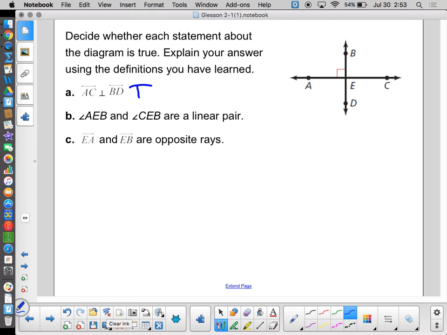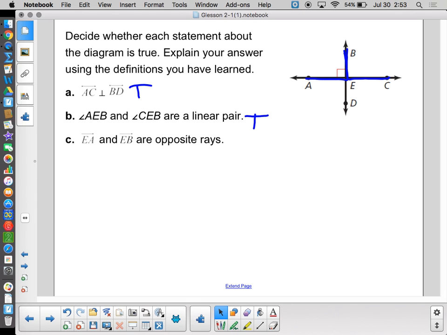Angles AEB and CEB are a linear pair. Are those forming a linear pair? Yes, by definition of a linear pair, that is a true statement. They are adjacent. They do add up to 180. That's a linear pair.